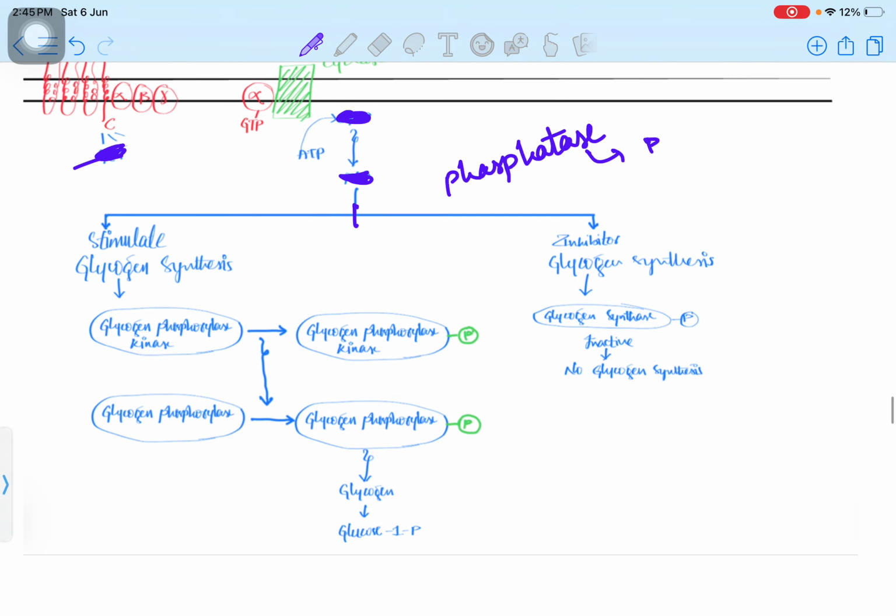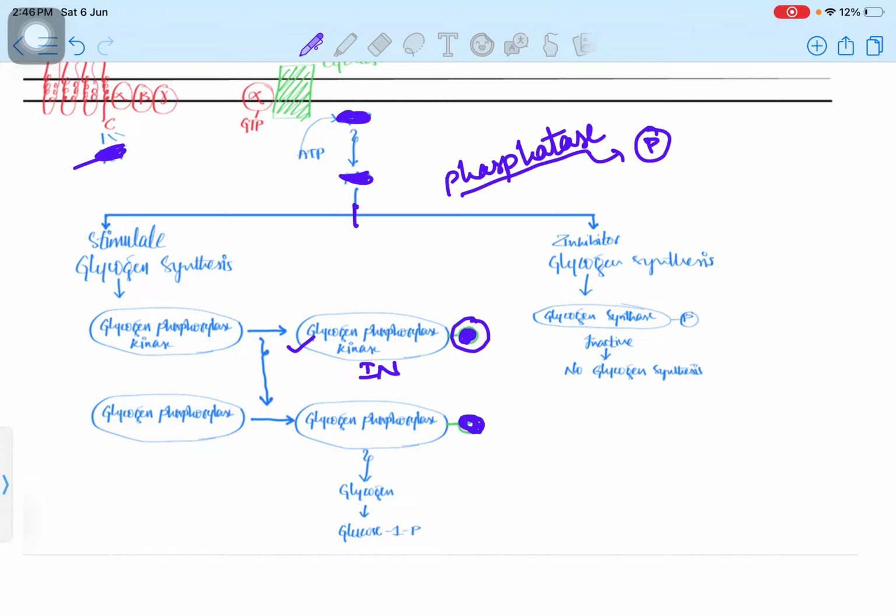This phosphatase has the ability to remove phosphate, right. It will remove this phosphate, meaning the glycogen phosphorylase kinase phosphate is removed, so it becomes inactive, so there is no phosphate.